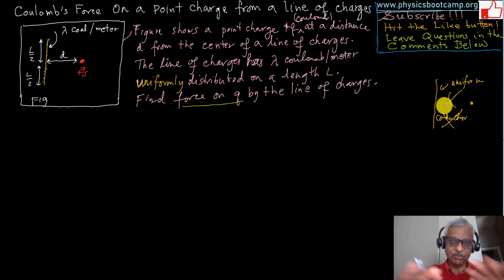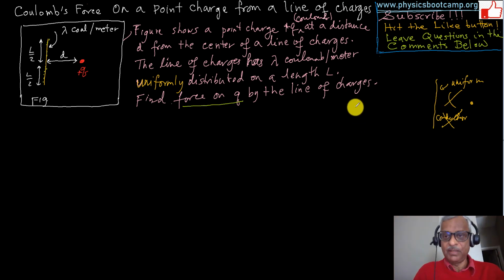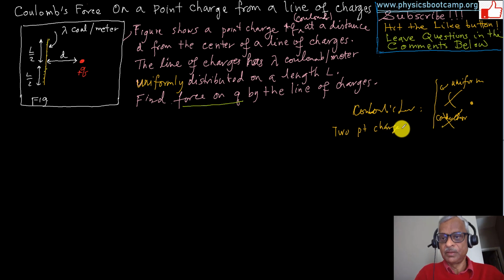Okay, so this is a very standard problem. We just learned mathematical techniques that go into dealing with this kind of problem. All right, the law, as far as Coulomb's law is concerned, is between two point charges. So the law is for two point charges, but the problem is continuous charges.